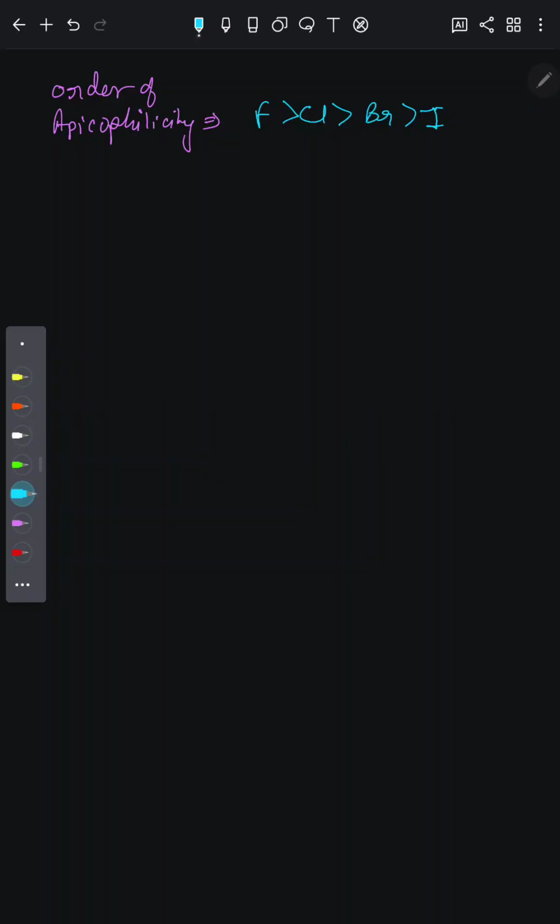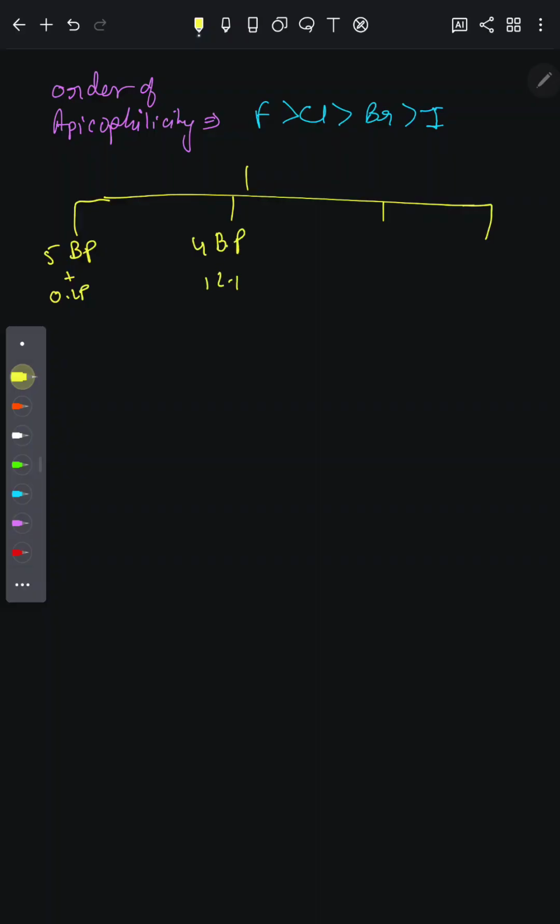Now in this slide number 5, sp3d, we will discuss the shape and geometry. We can divide this into 4 cases, in which 5 bond pair plus 0 lone pair, 4 bond pair plus 1 lone pair, 3 bond pair plus 2 lone pair, and 2 bond pair and 3 lone pair are possible.